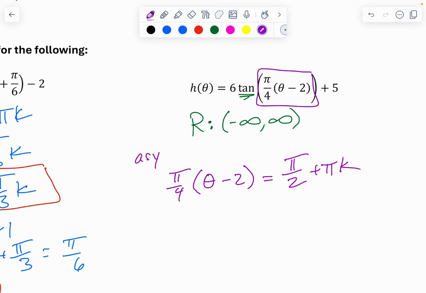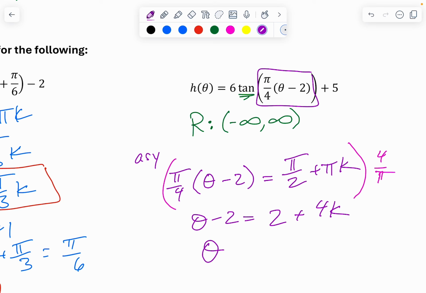I need to come along and say, let's multiply everybody by 4 over pi. That looks funny. I'm not used to multiplying by 4 over pi. So that gives us theta minus 2 is equal to 2 plus 4k. The pi is canceled. And then when I add, theta equals 4 plus 4k.